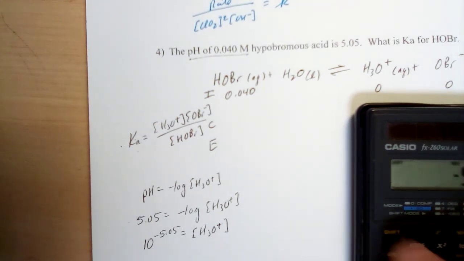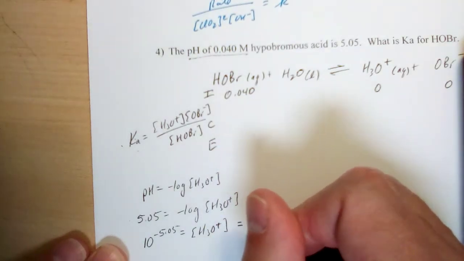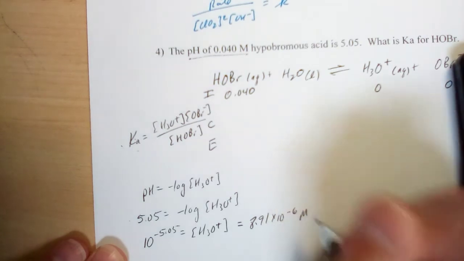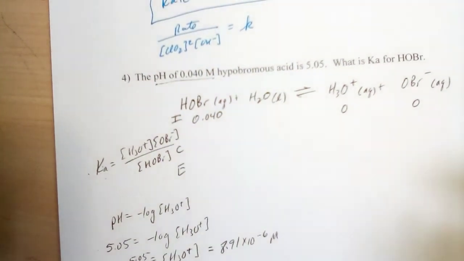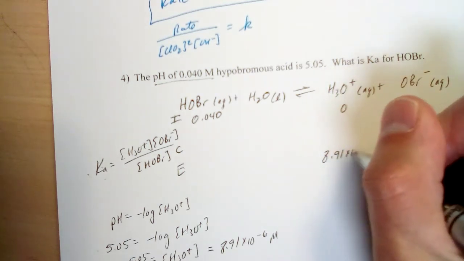So 5.05 negative and 10 to the x, that is 8.91 times 10 to the minus 6th molar for this particular problem. So that's the hydronium ion concentration at equilibrium. That can go in right here into my ICE chart.